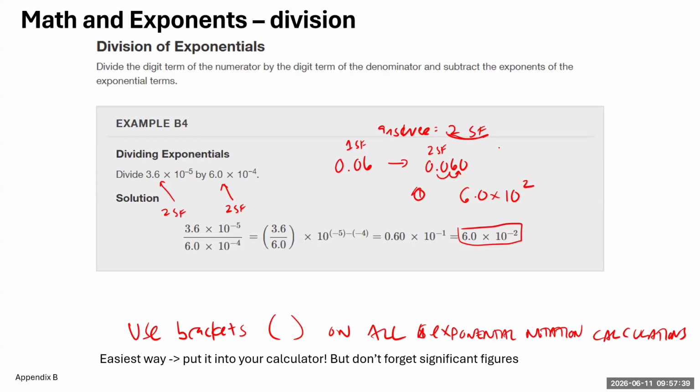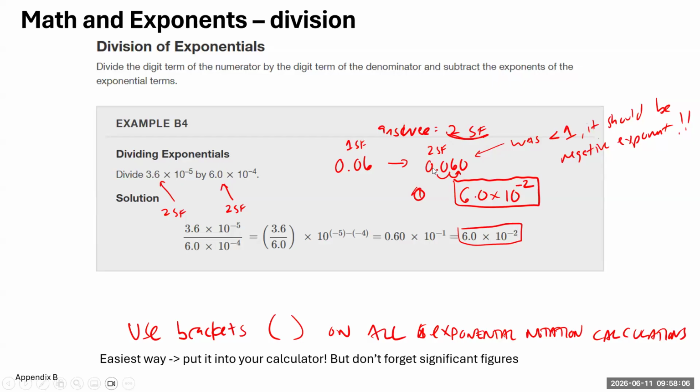But because this number was less than 1, it should be a negative exponent, so it's going to be negative 2. Again, another video will let you convert back and forth from standard to exponential notation.